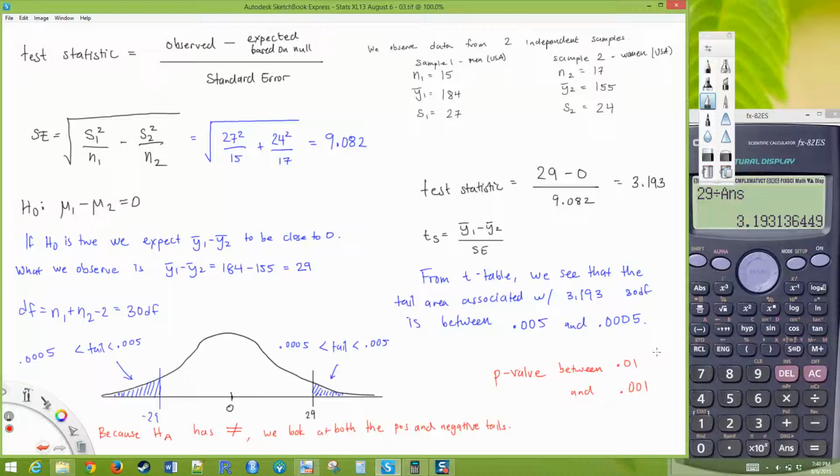We don't know our exact p-value, but we do know that it's between 1% and 1/10 of 1%. So this is our p-value.